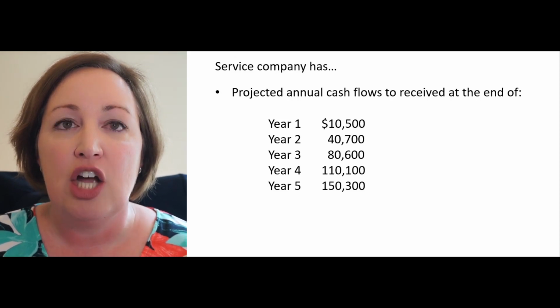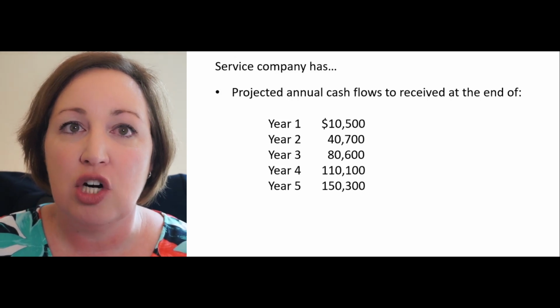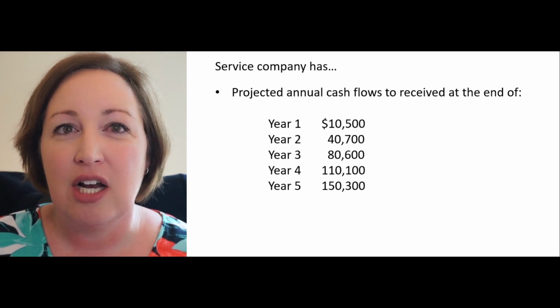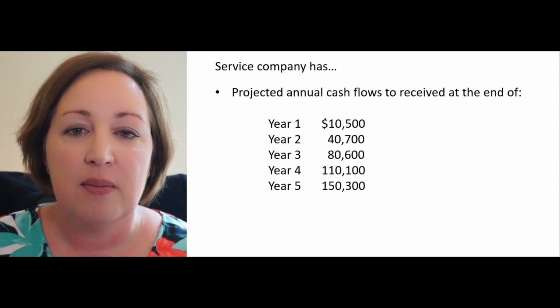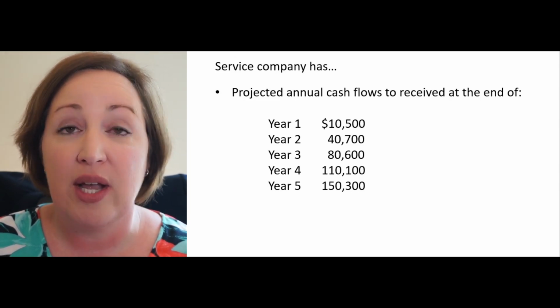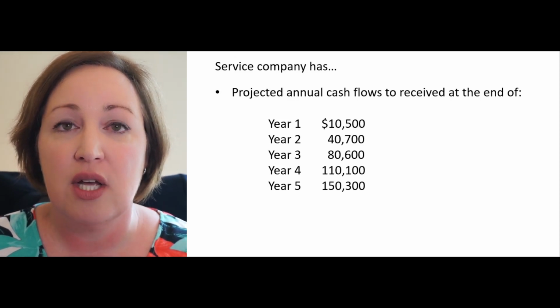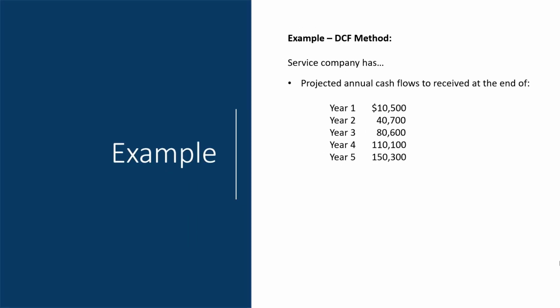So there could be a short-term expected high growth rate, and then one that's slightly different for the midterm, and then a long-term growth rate. There are lots of different examples where a discounted cash flow method would be applicable, and these are just a few of them. Another example is companies that have expected high capital expenditures over the next few years. They're doing a large project, something large is coming online, and then they want to project out to that period, and then they use a terminal value thereafter.